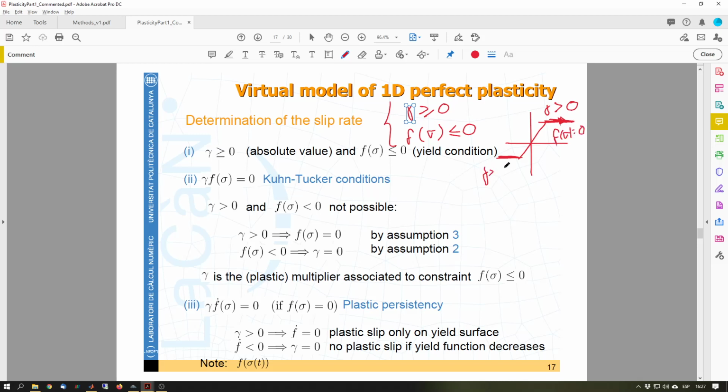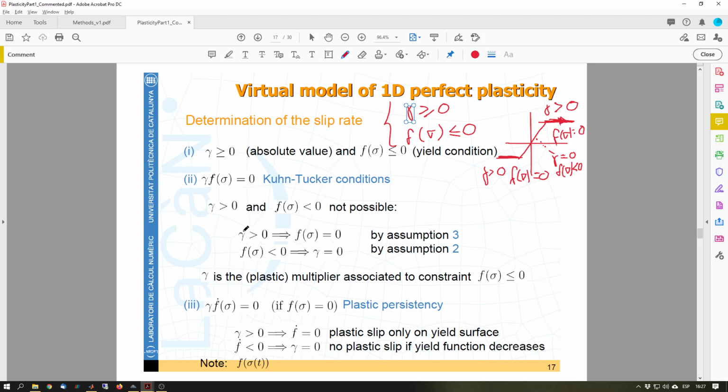On that boundary we have the same thing: f of sigma is also equal to 0 and gamma is positive. Instead, on that branch, gamma equals 0. We're moving elastically, epsilon p does not change, but f of sigma is smaller than 0. So a way of writing that is that gamma times f is equal to 0.